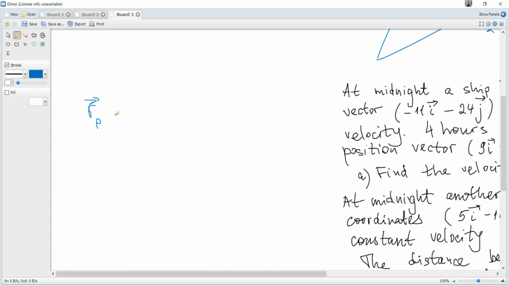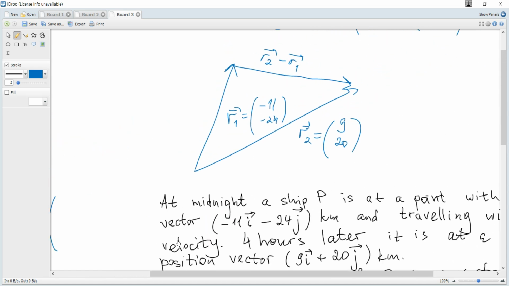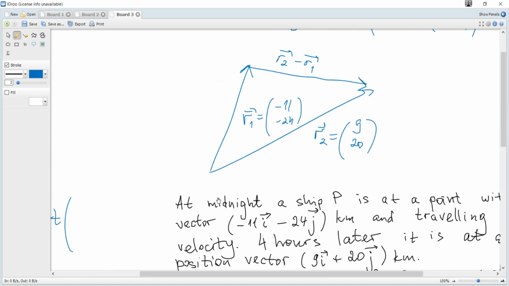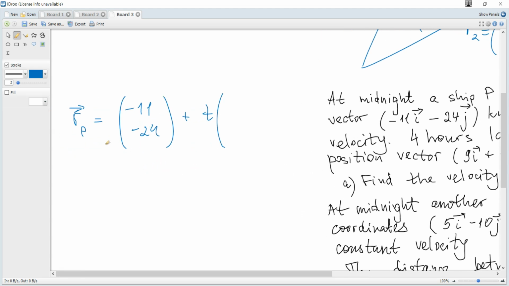So at any moment of time, the position vector of P can be found as the initial position vector, (-11, -24), plus t times the velocity vector. Since it is motion with constant velocity, it becomes velocity times time. It's just displacement, and if we add the initial position vector, it becomes the coordinate at any moment of time.